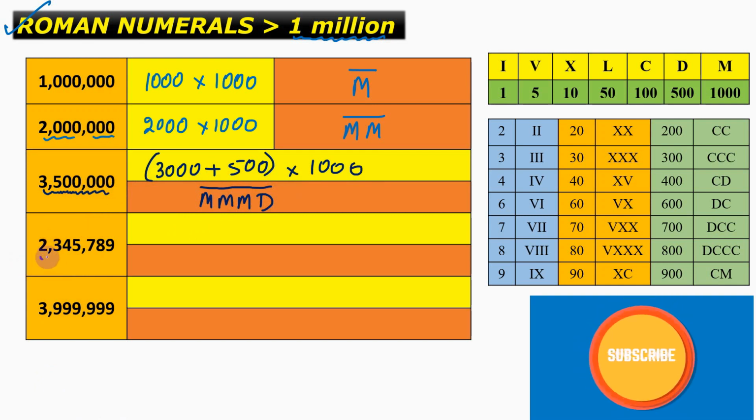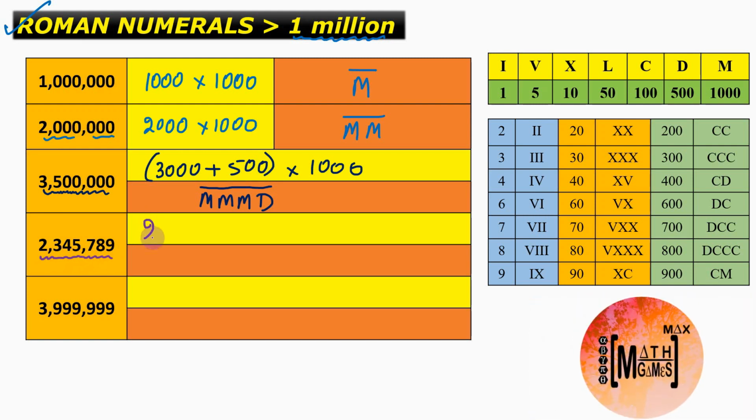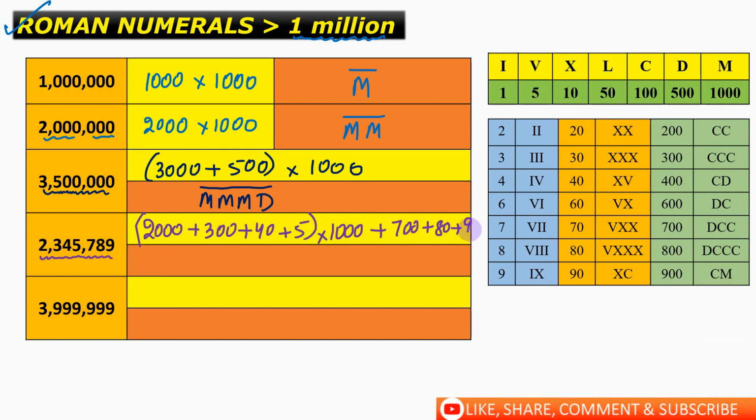Next we have 2,345,789. So this can be written as 2000 plus 300 plus 40 plus 5 multiplied by 1000, and then you add 700 plus 80 plus 9.